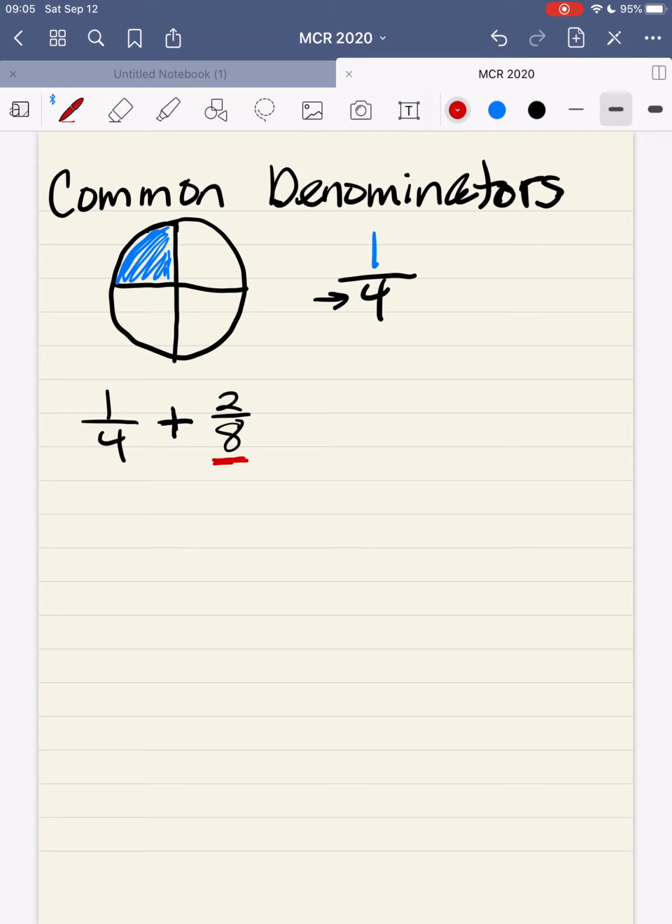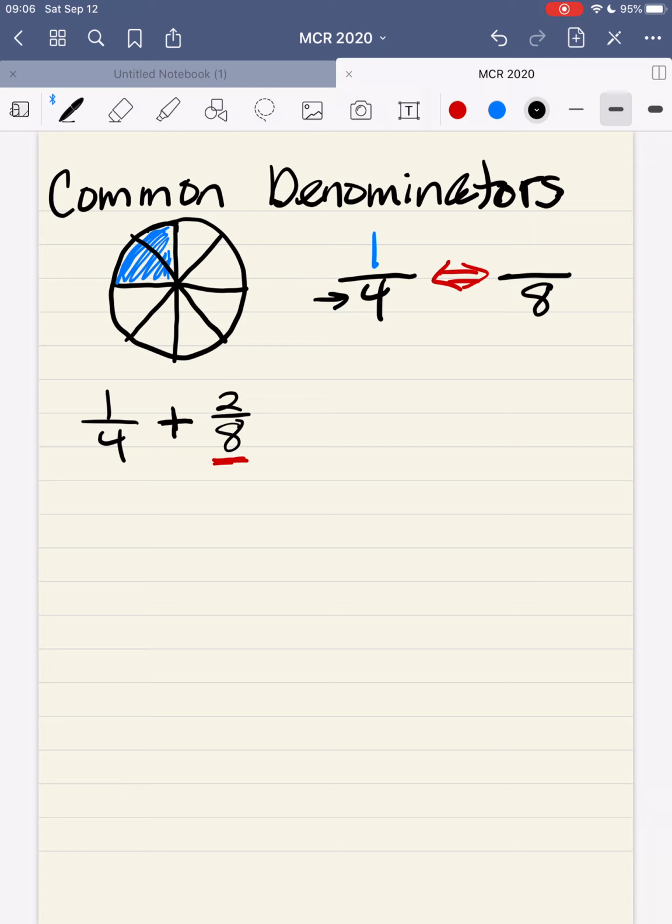Now, if I can multiply the 4 times something to get 8, I can create what's called an equivalent fraction. I can add them. They'll have the same denominator. So if I want to take this fraction 1 over 4, and create an equivalent fraction of 1 over 8, what is really happening here is that instead of having a pizza in 4 pieces, we want to put it in 8 pieces.